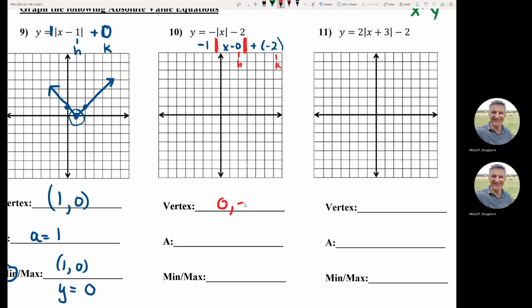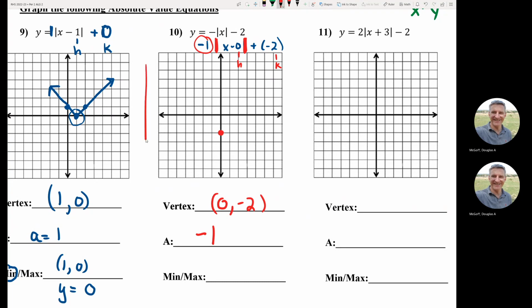That is my vertex. A, my coefficient in front of the absolute value, is -1. That means it's going to flip my graph downward.